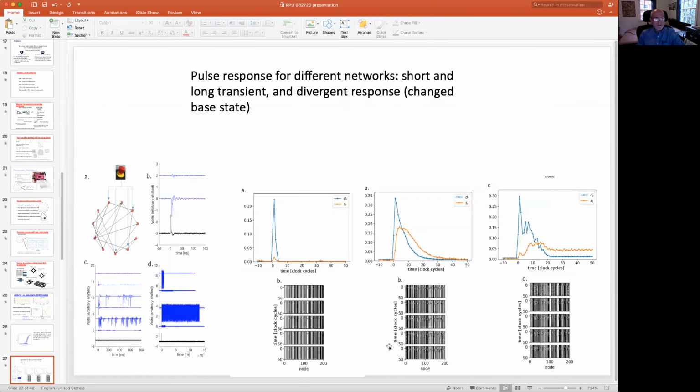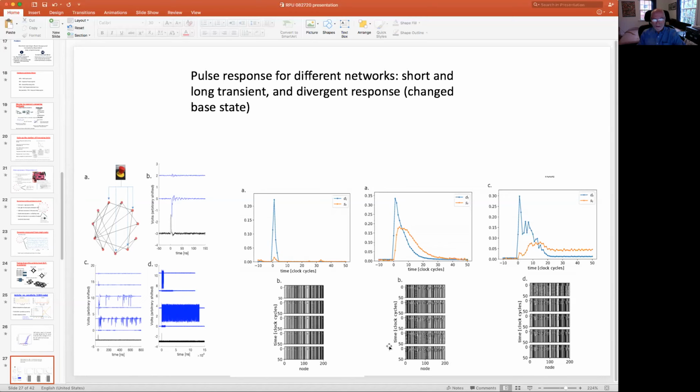Another set of tests that we did, starting with Ademar Shani and then Liam Shaughnessy following up, were pulse tests, where we applied a single input pulse. Now that we've got a handle on the reservoir behavior with no input, we're just going to send a pulse input and look at the response. And what we see is, depending on the reservoir configuration, input pulses may rapidly die down, as in case A at the top here.